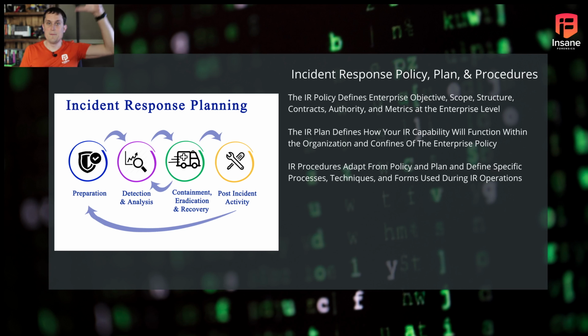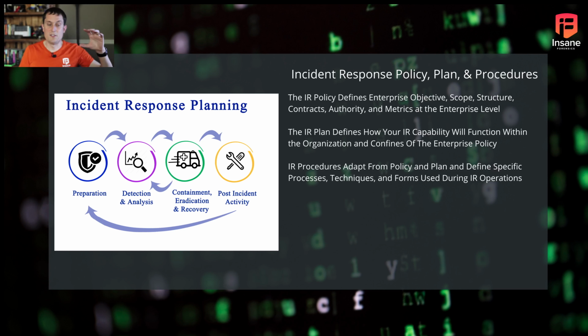On top of that is the policy level. IR policy defines the overarching enterprise security approach for your entire organization at a global level. It covers things like what our objectives are, what the scope is overall, and what we are responsible for. This incident response policy might only cover North America, or it might only cover a certain part of our enterprise.